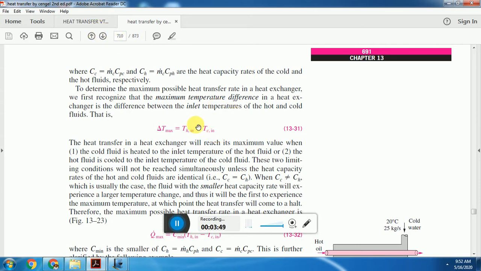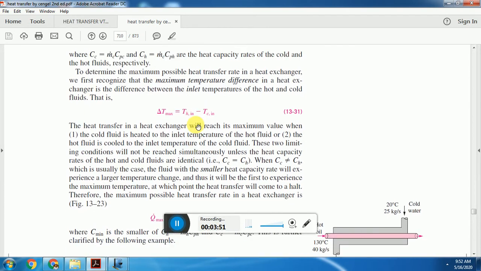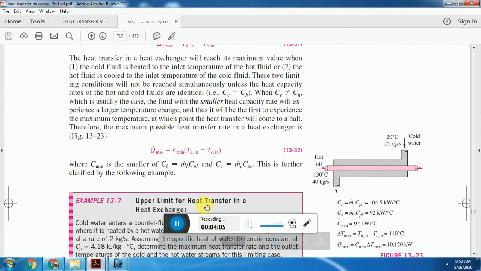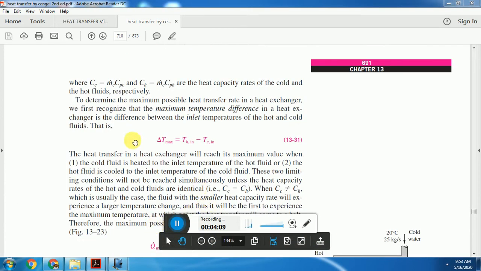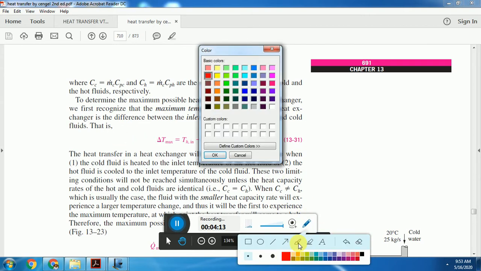We will get maximum heat transfer rate when the outlet temperature of cold water reaches hot water temperature. We will get maximum heat transfer for two conditions.